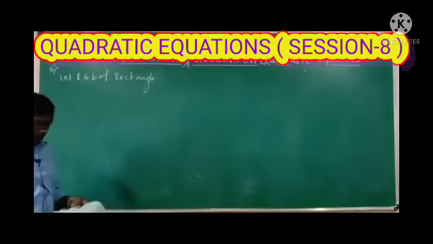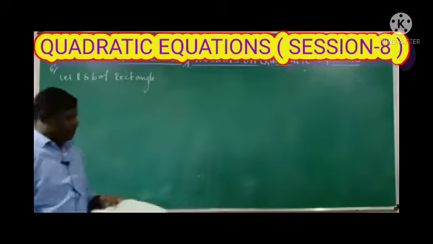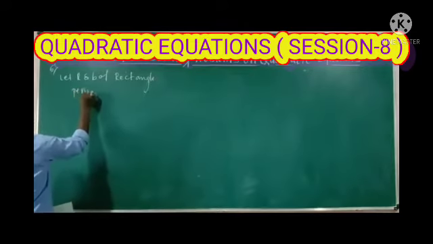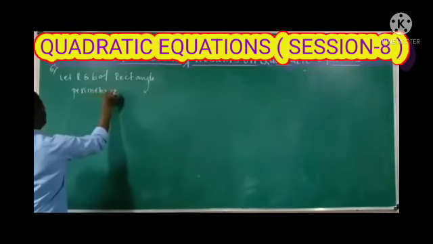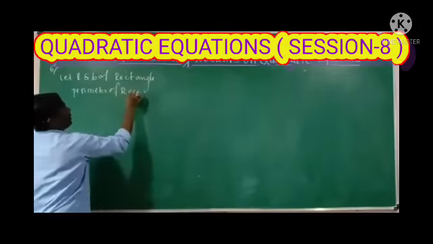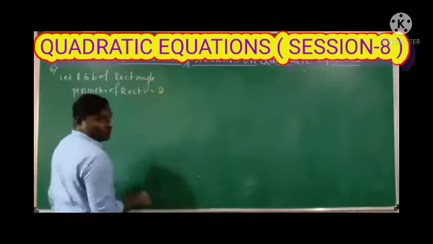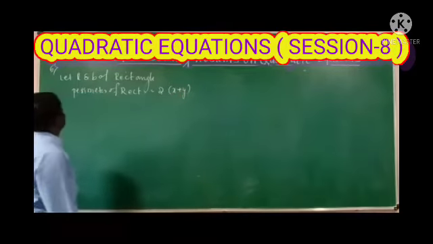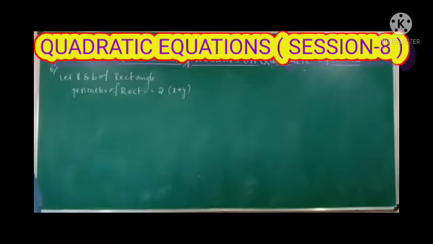Okay. So perimeter of the rectangle is, what is that formula? Perimeter of rectangle is equal to 2 into x plus y. We are considering here x and y are the length and breadth.